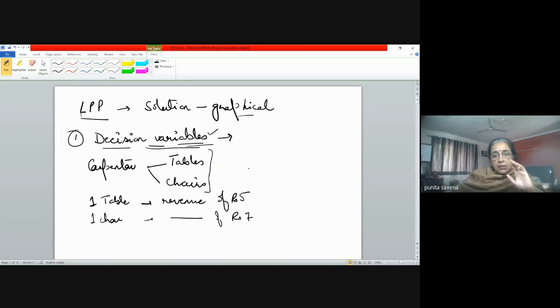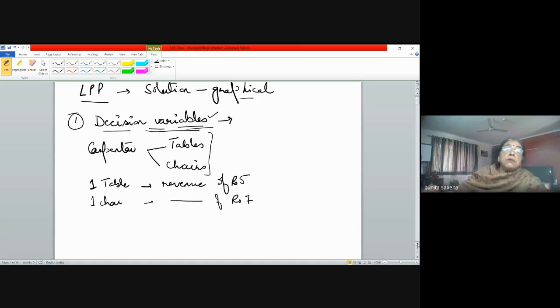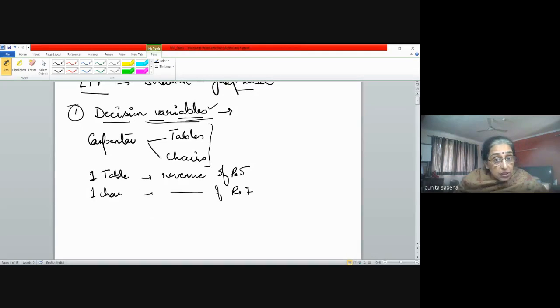Okay. So he has come to you with a problem and you want to provide him with a solution for that. Now, obviously, what does he want? He wants a decision to be taken on the number of chairs and tables that should be manufactured, that should be produced there. Okay, so that means we have to take decision on number of chairs and number of tables. So they become my decision variables.